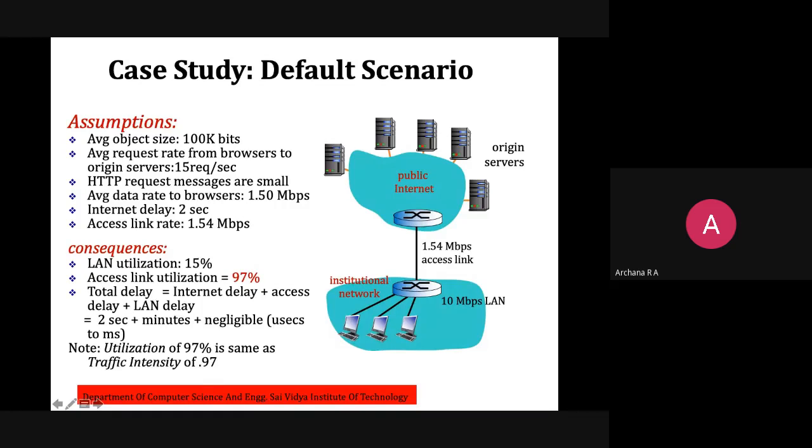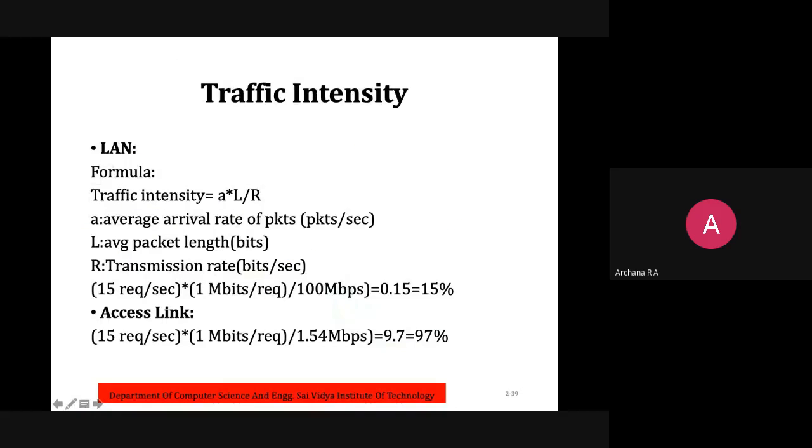Okay, so here you have a formula for traffic intensity. It's not in the textbook directly, they have given this calculation. But how to calculate? We have a formula, A into L divided by R. This is a general formula to calculate the traffic intensity in the network, whether the traffic intensity in the local area network or in the case of the access link.